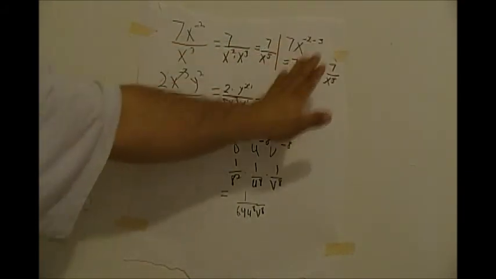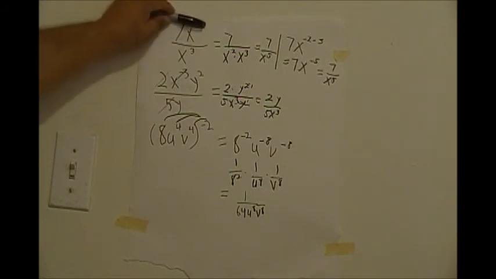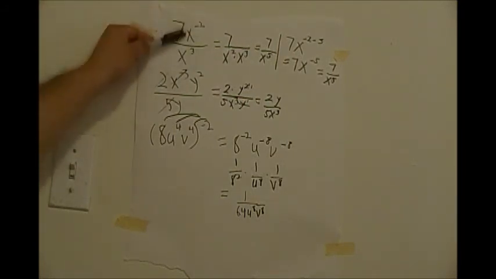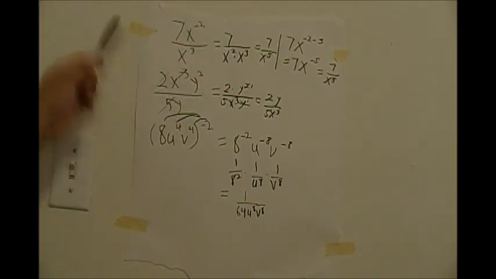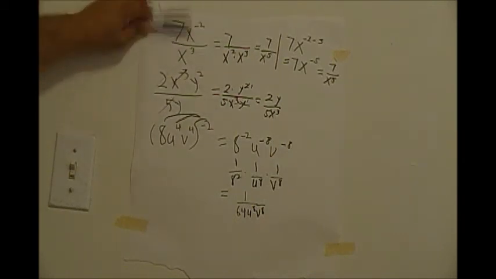Alright, so the basic process is that whenever you have a negative power, if you're not going to use the quotient rules, if you have a negative power in the top, we can bring it to the bottom and it becomes a positive power like that. Or vice versa, if we had a negative power in the bottom, we can bring it to the top and it becomes a positive power.